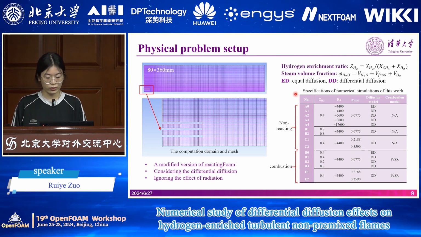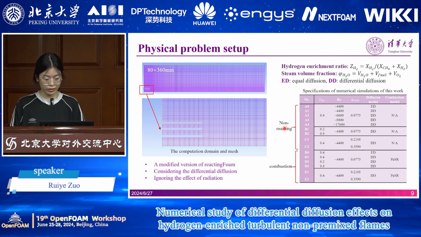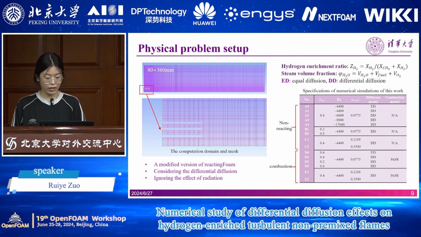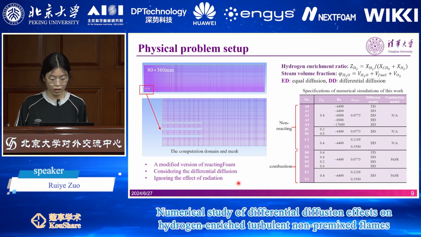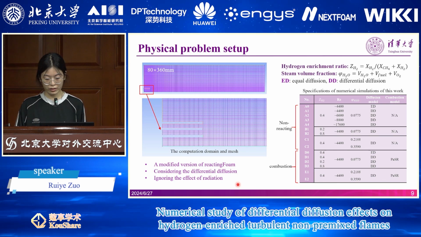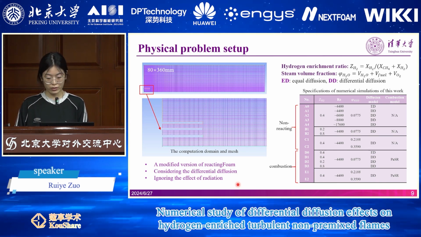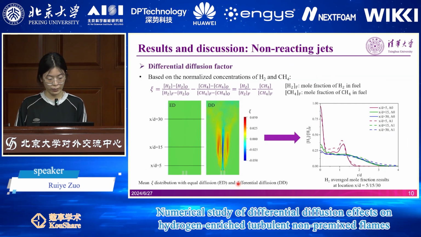ED is equal diffusion, and DD is differential diffusion. We consider non-reacting and combustion cases. The LES calculations are performed based on OpenFOAM software with a modified version of reactingFoam by considering the different mass diffusivities in the species transport equation and the non-unity Lewis number in the enthalpy equation.